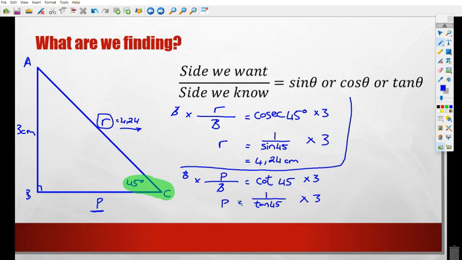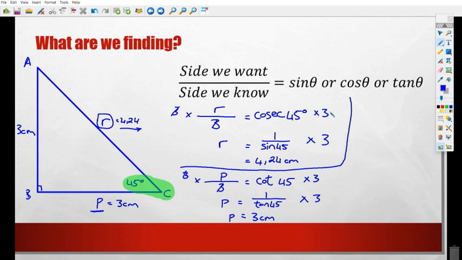And that is going to give you, just let me get it here on my calculator, sorry guys. Multiply by 3. Okay, and that's going to give me 3 centimeters on the dot. Fantastic. So we know that now it is 3 centimeters.